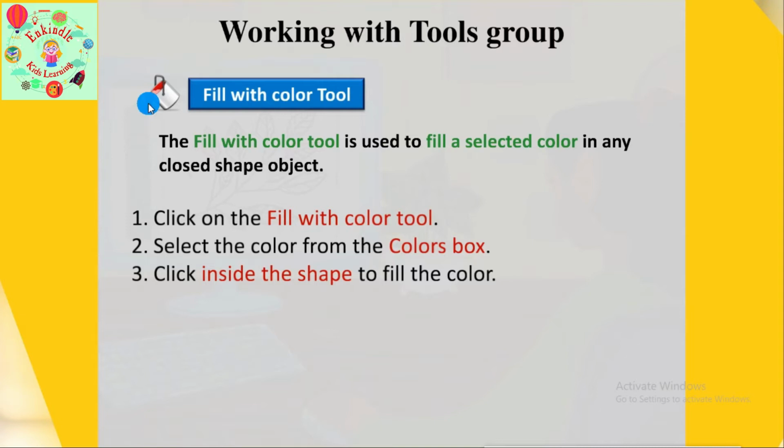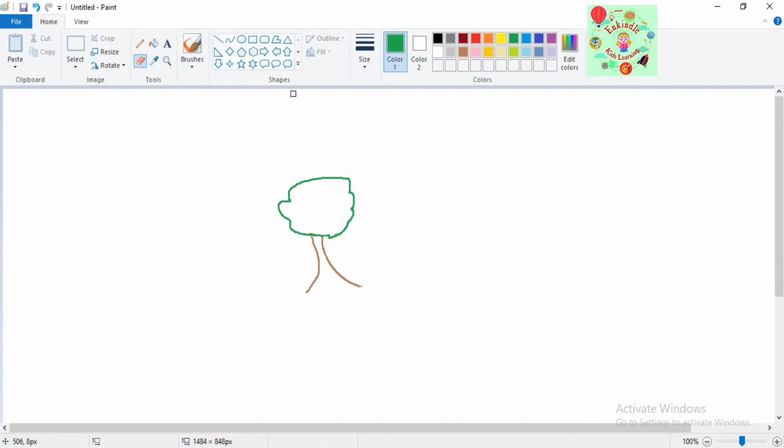So what are the steps on how to use it? First, click on the fill with color tool. Then select the color from the colors box and click inside the shape to fill the color. Now let's see how it works. First click on the fill with color tool.